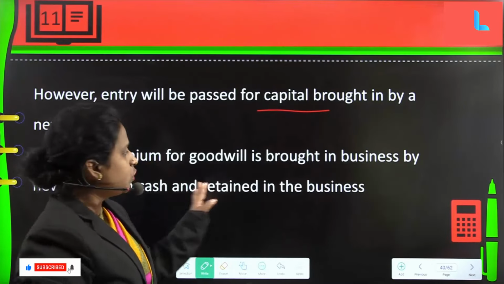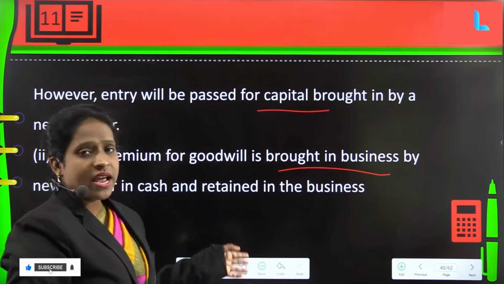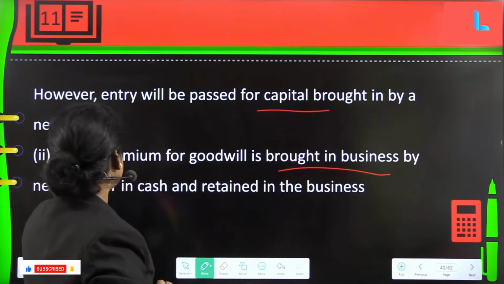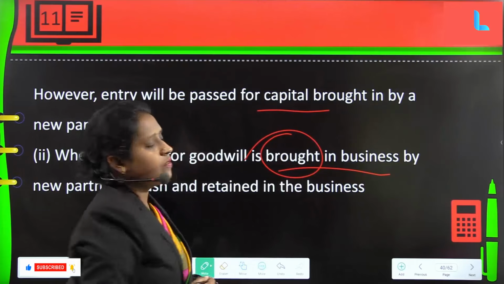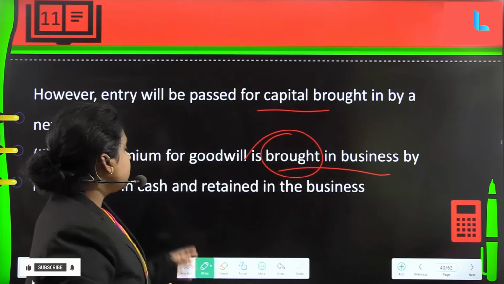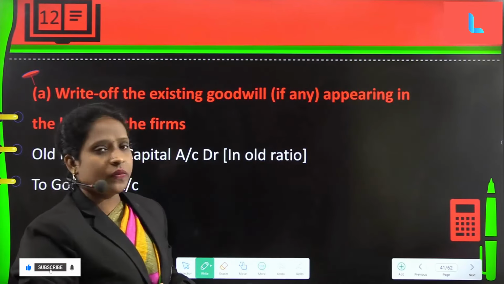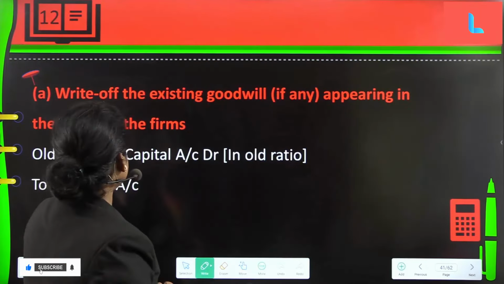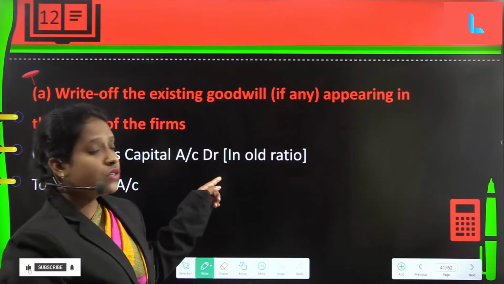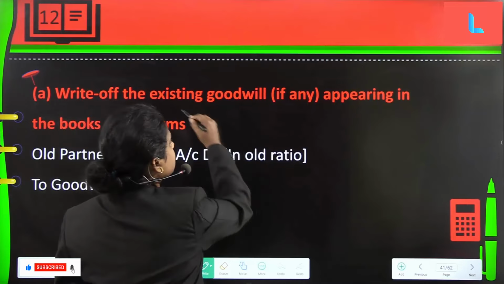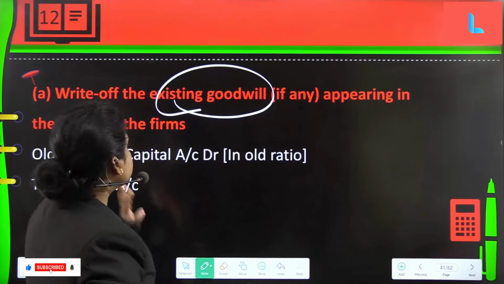When premium for goodwill is brought into the business by the new partner in cash and retained in the business, write off the existing goodwill, if any, appearing in the books of the firm. So this is the next step that we have to understand. We should focus on writing off the existing goodwill, if anything appears in the books of the firm.